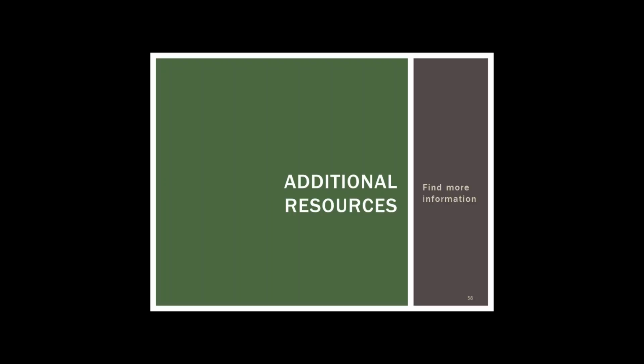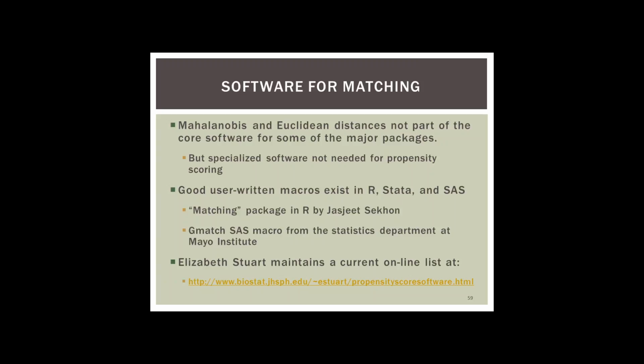And then throughout the presentation, I've been alluding to additional resources that we have for you. So here is a peek at those resources. Like I mentioned before, Mahalanobis and Euclidean distances are not built into any core software, but there are good written packages that I've used in the past.